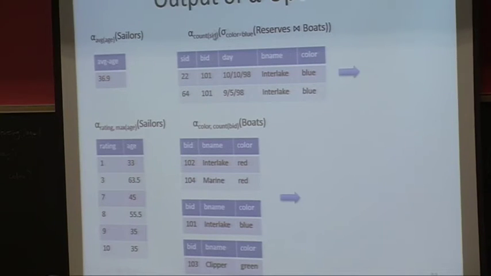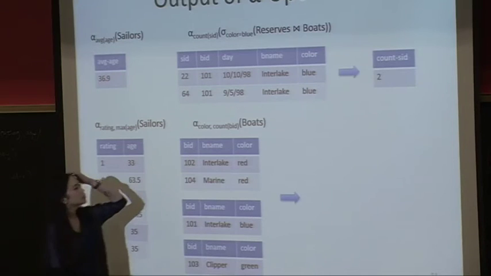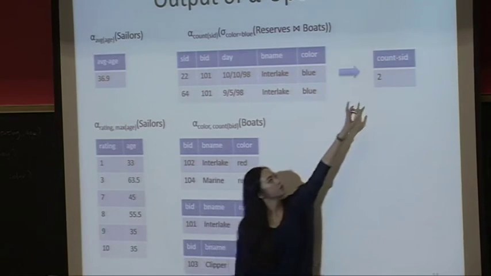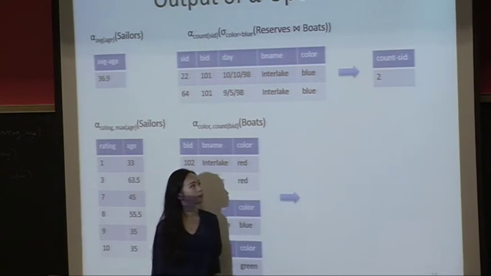So what do you think will happen after we apply count? One column. One column, the number of rows. So then the end result also will just be one row, right there.